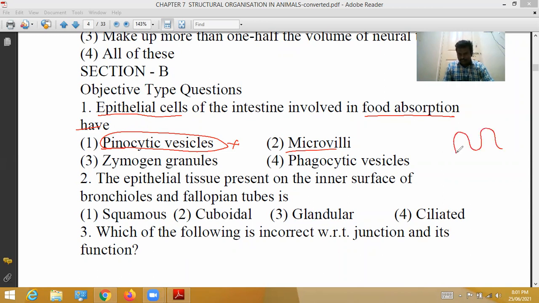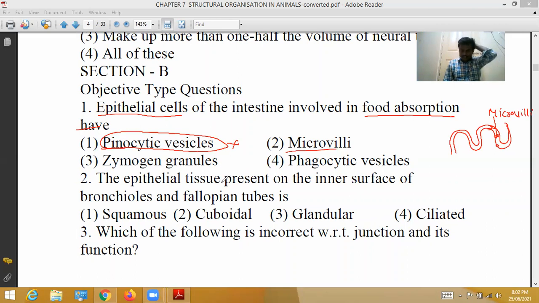In the small intestine, there are finger-like projections called microvilli. These microvilli increase the surface area for absorption of food material. Each epithelial cell of the villus located in the intestine has, on its apical surface, many microscopic projections or microvilli that are exposed to the intestinal lumen.